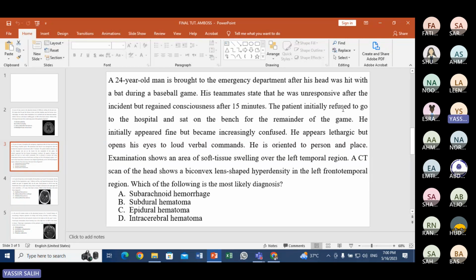You know, you have to pick the key points. The most important thing is that sometimes there is irrelevant information. You can put a line under the key points. So what is the best answer?